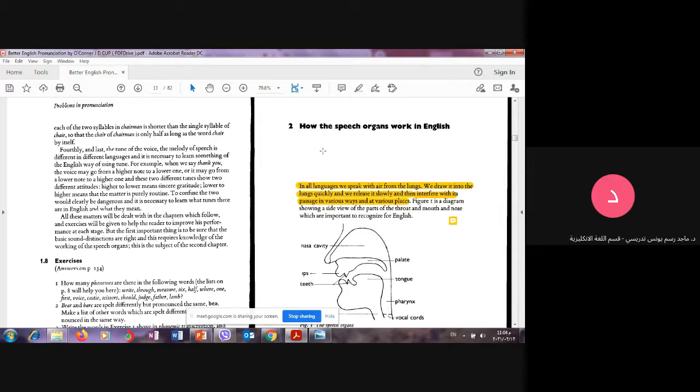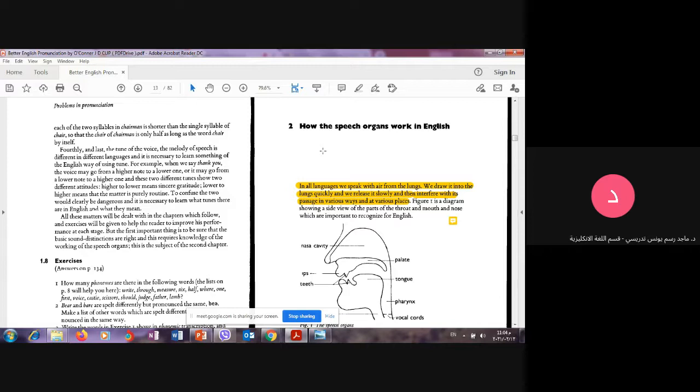The main focus is on speech sound production and the speech organs involved. So generally speaking, we will start by presenting a general outline of the process that happens whenever a sound is produced.